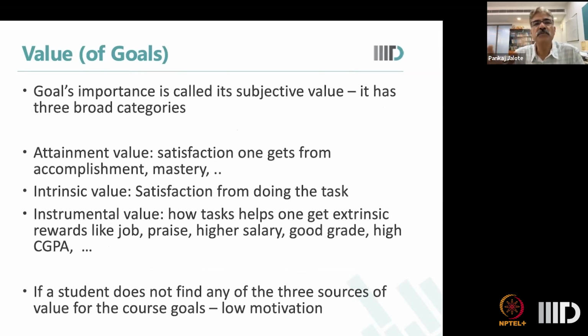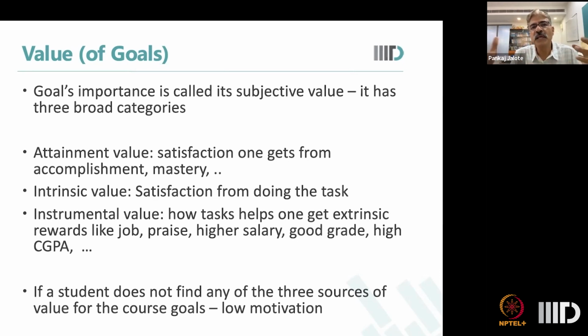Okay, there are three types of values. Just for understanding, we don't need to get deeper, but there is an attainment value, a satisfaction that one gets from accomplishment, just mastery. Intrinsic value, a satisfaction that the person gets from doing the task, from understanding that comes when somebody has understood something. You understand physics, you understand how things are working. Hey, it's great.